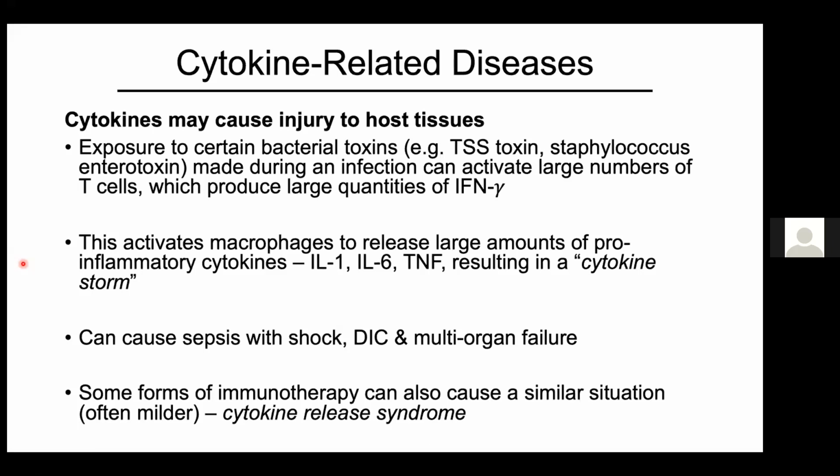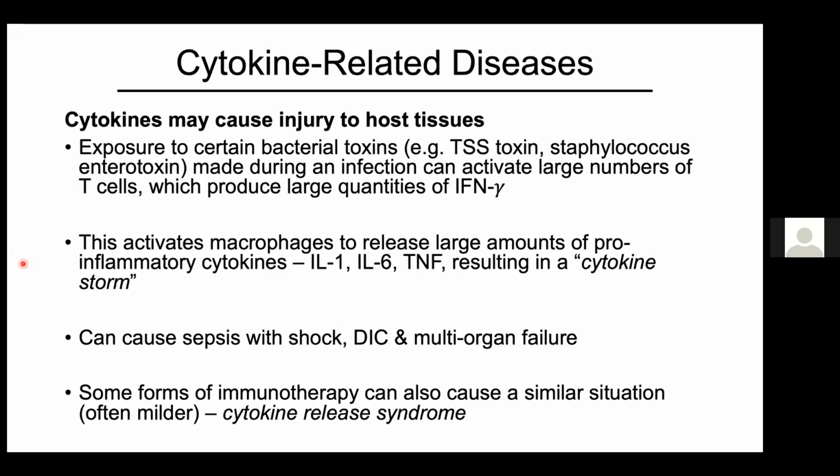For example, with certain bacterial toxins, and I'm sure you've talked about this in microbiology. For example, the toxic shock syndrome toxin seen with staphylococcal infections, or even staphylococcal enterotoxin, where you get cytokines activating a large number of T cells, which ends up causing excessive inflammation.